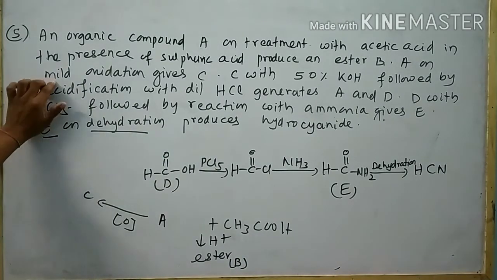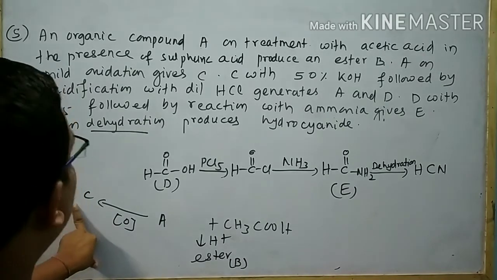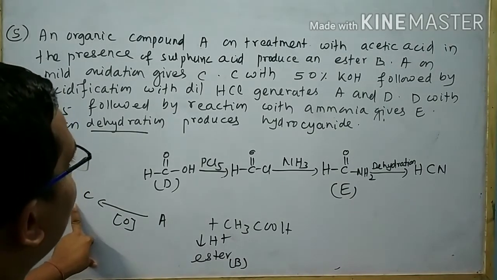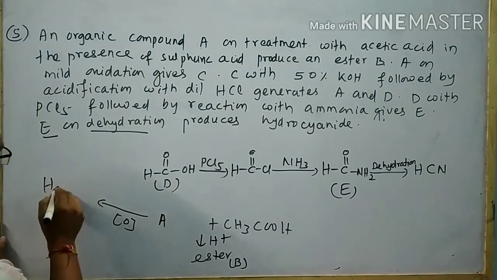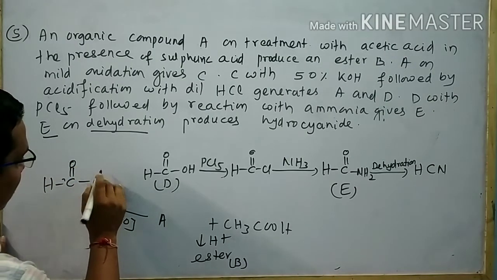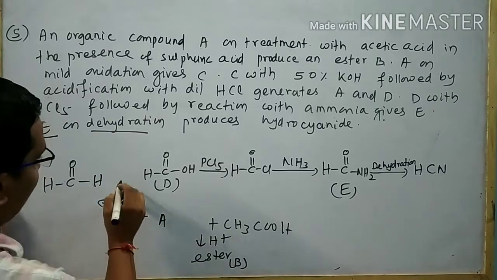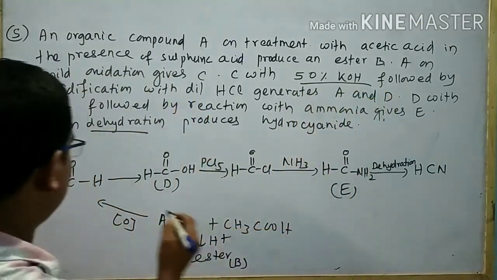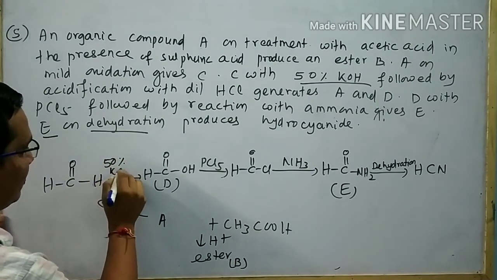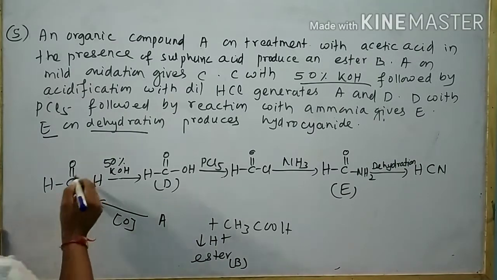A on mild oxidation gives C, with 50% KOH followed by acidification with dilute HCl generating A and D. That means you can write C is formaldehyde. When it is subjected to reaction with 50% KOH, think about the Cannizzaro reaction.